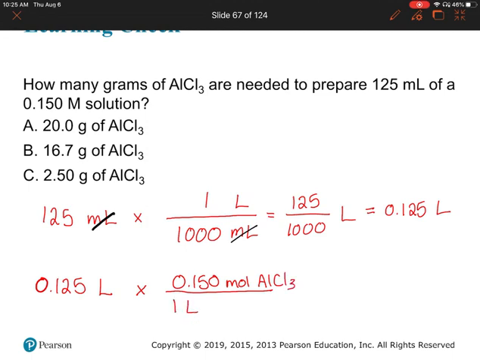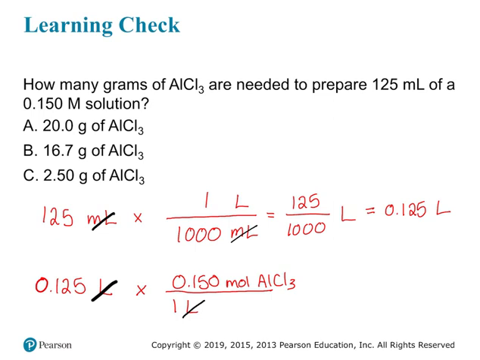All right, so we want to end up with 0.125 liters of solution, which is equal to 125 milliliters. But now that we have the right unit, we can cancel it with our molarity unit, and we'll end up with moles of aluminum chloride.